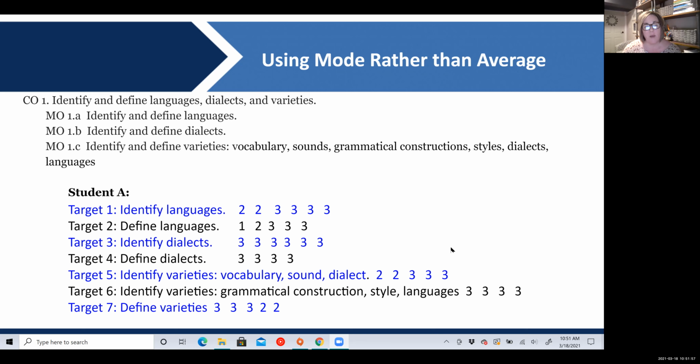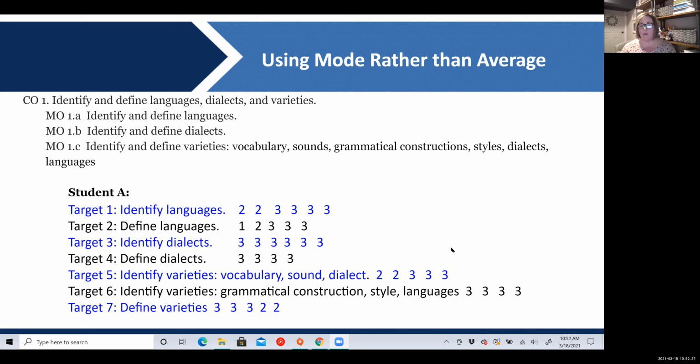For example, if my course outcome is that learners will identify and define languages, dialects, and varieties, and I have 3 separate module outcomes that break down into smaller goals for students, and then within that single module, I actually taught 7 mini lessons that were smaller, it's very possible to study how learners are progressing toward that course and module level outcome set, one small target at a time.